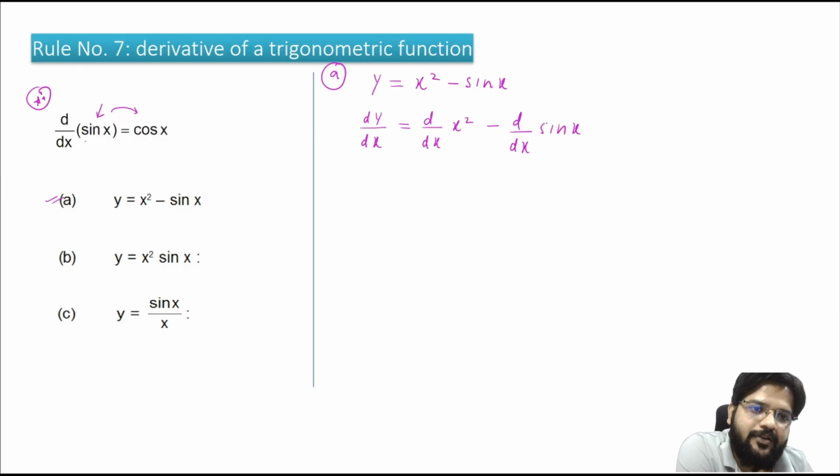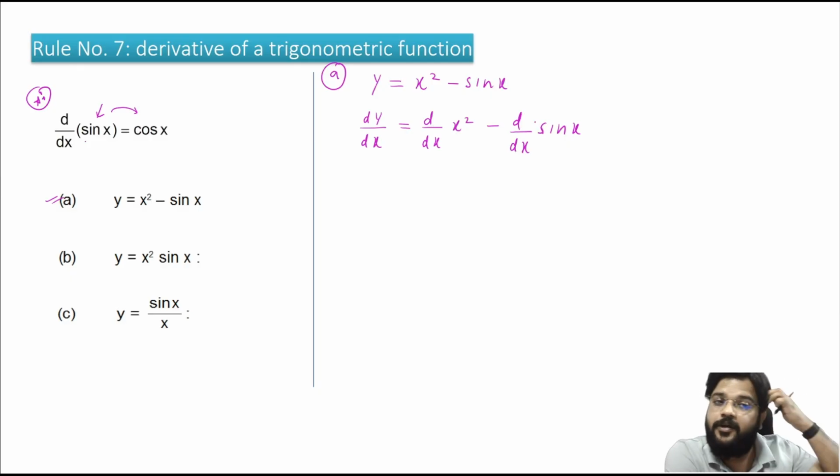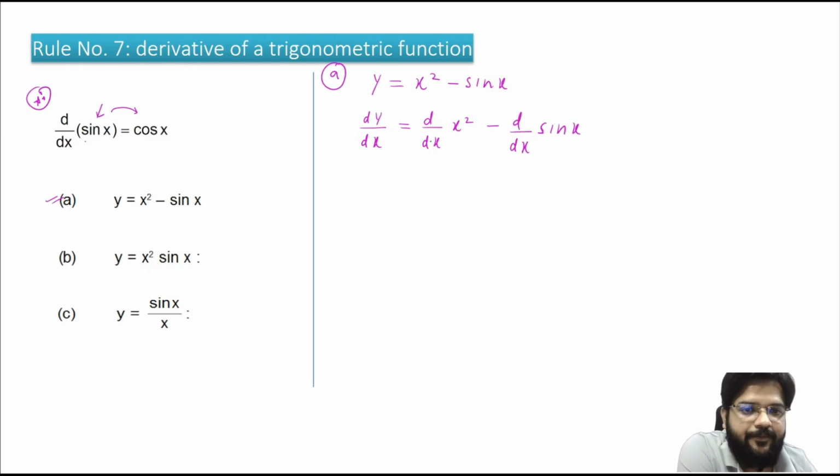So here we are using the sum rule, everyone. Right now between these two terms we have a subtraction sign. So individual differentiation we are doing here according to the rule. Now the differentiation of x square is 2x, and here we have sin x. We know that differentiation of sin x is cos x. So we will get 2x minus cos x. This is dy by dx.